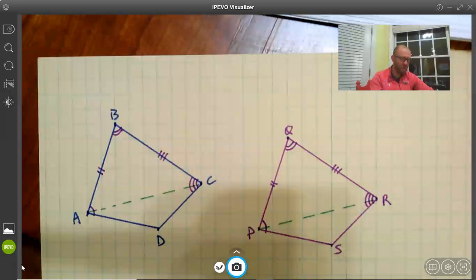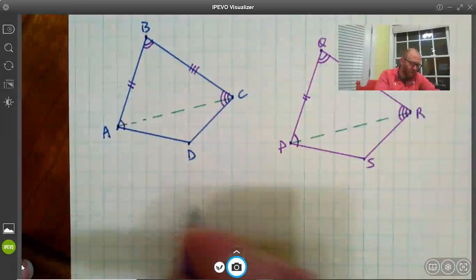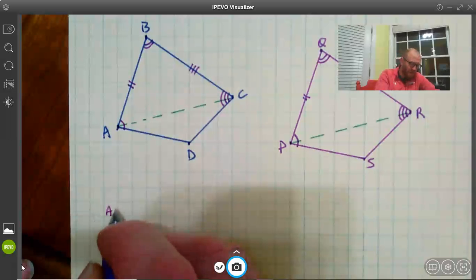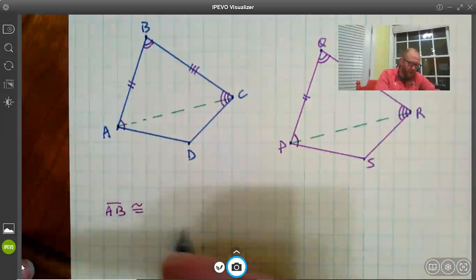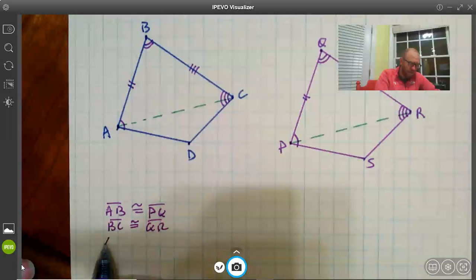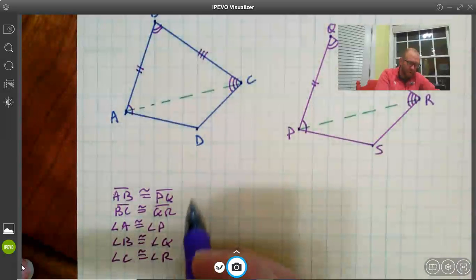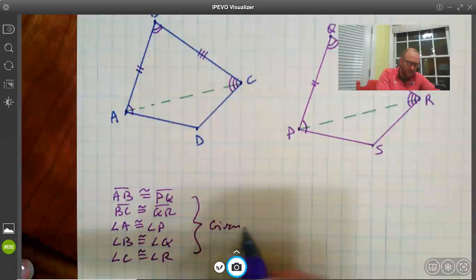Which, by the way, I'm going to start out, just to be thorough here, we have so far that AB is congruent to PQ, we have BC congruent to QR, we have angle A congruent to angle P, angle B congruent to angle Q, and angle C congruent to angle R, and all that is given, right?